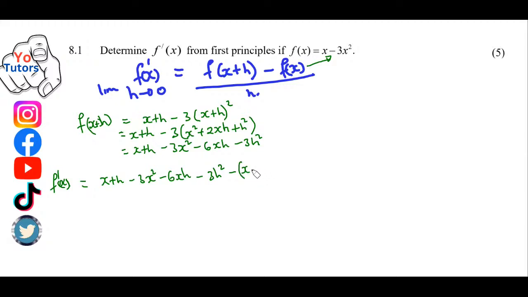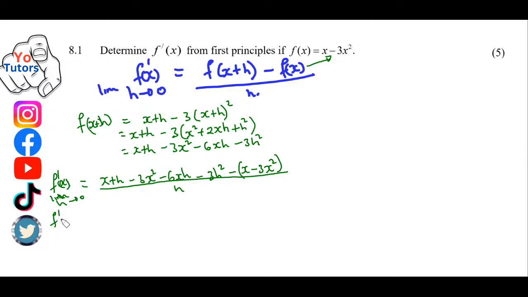Let's put it in brackets. Minus 3x squared. Okay, so always consider this negative, guys. So there you're going to have x plus h. Okay, we just forgot something there: over h, and we are saying the limit h is approaching 0.